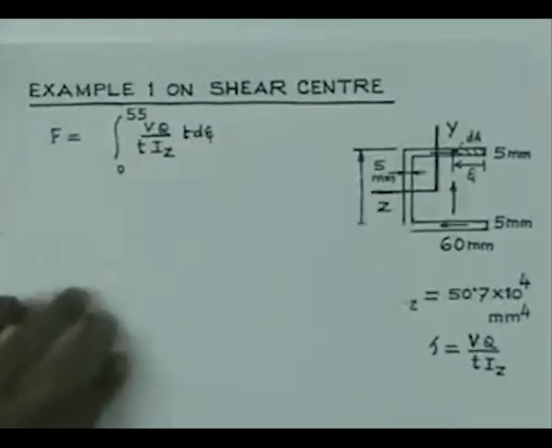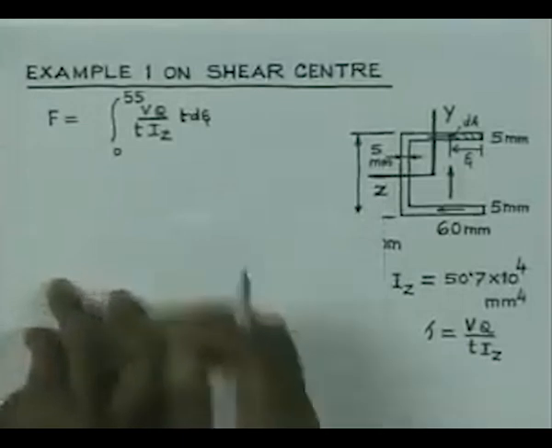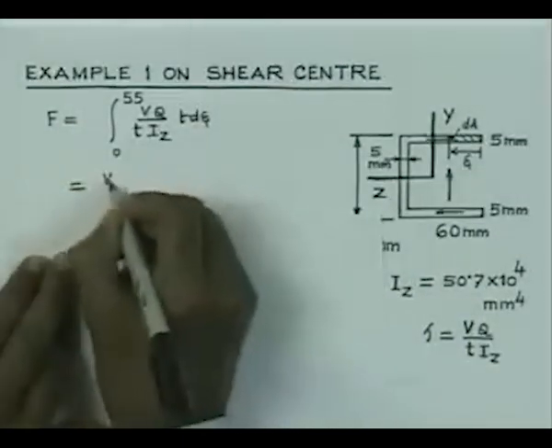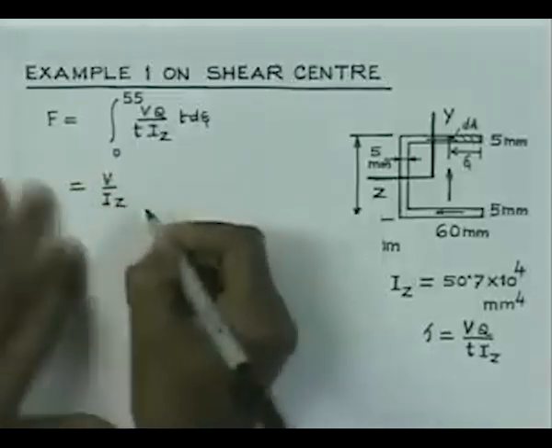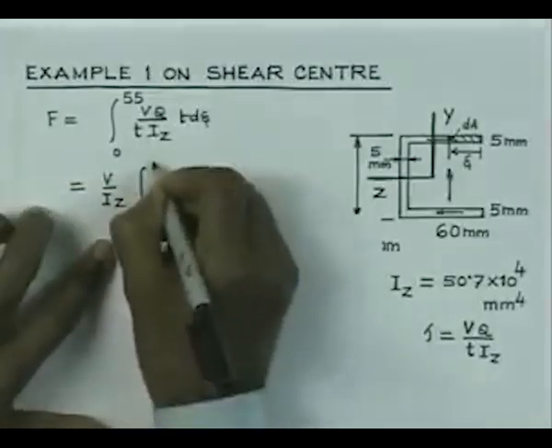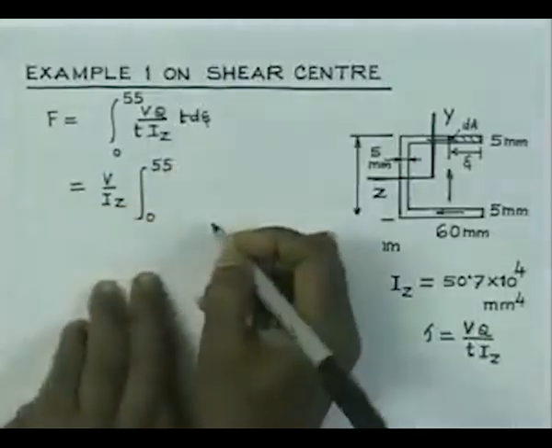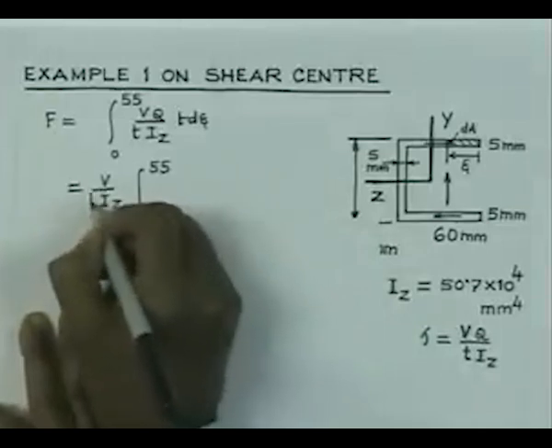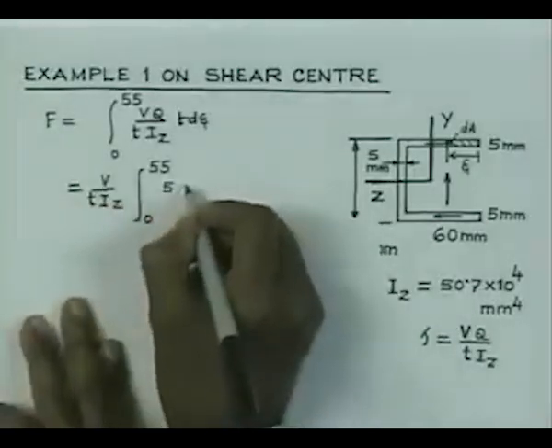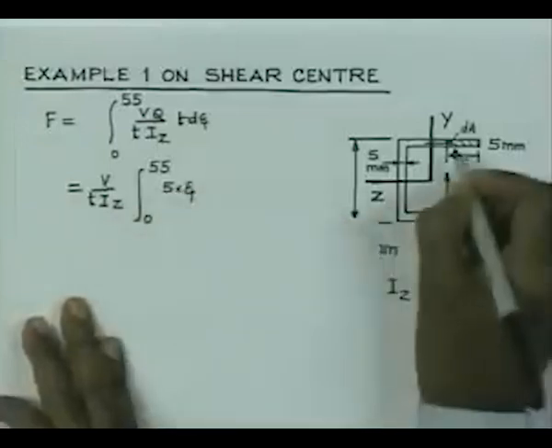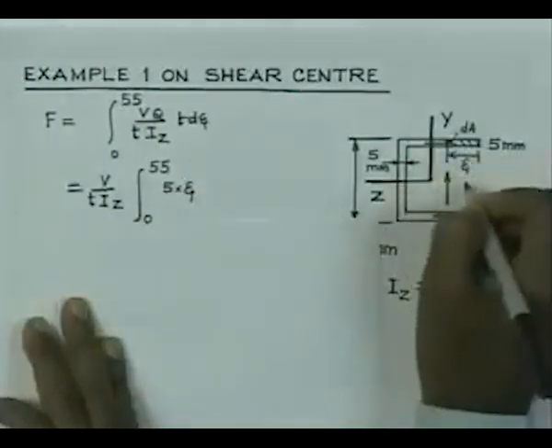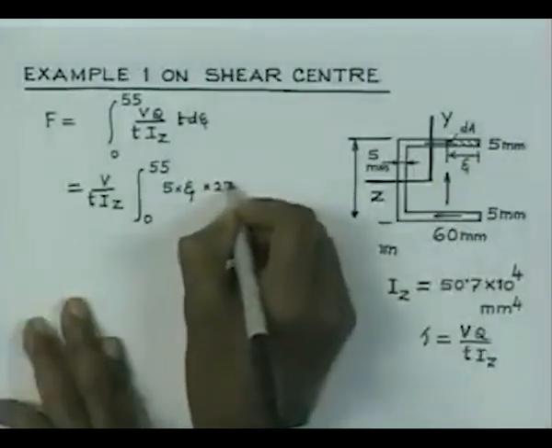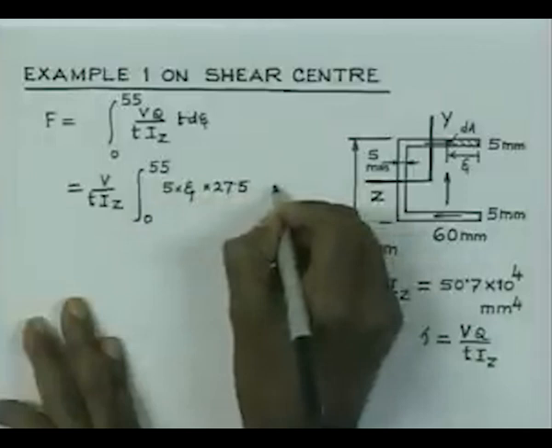So, that gives us V by Iz, integral from 0 to 55, and t we can keep there, 5 into xi. This area is 5 into xi, and its height is 30 minus 2.5, that is 27.5, d xi.